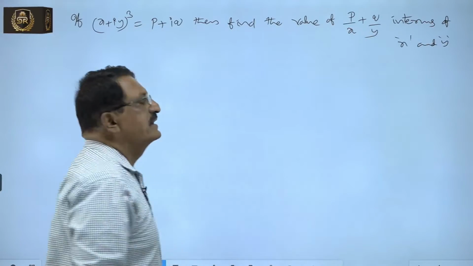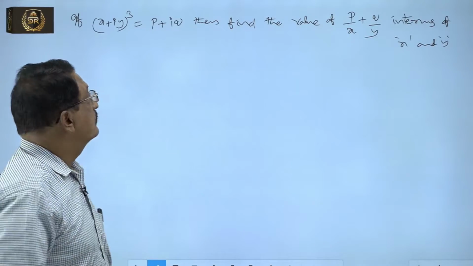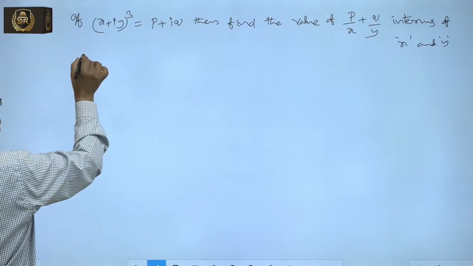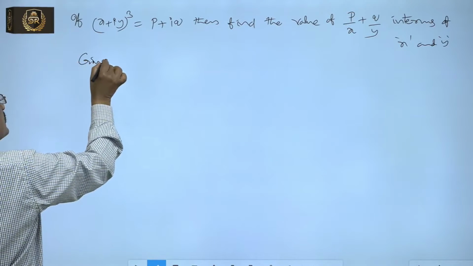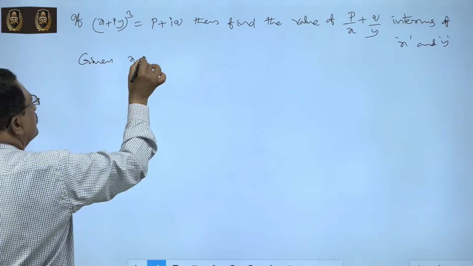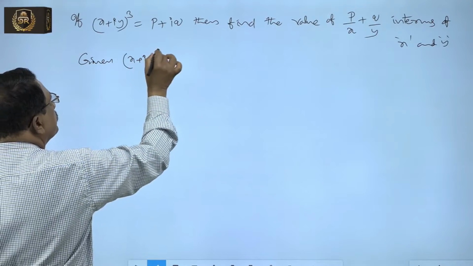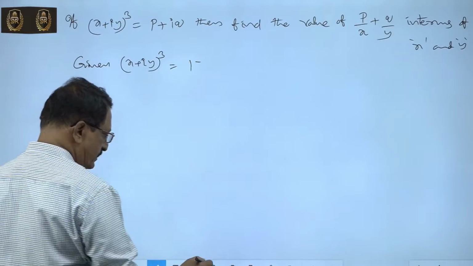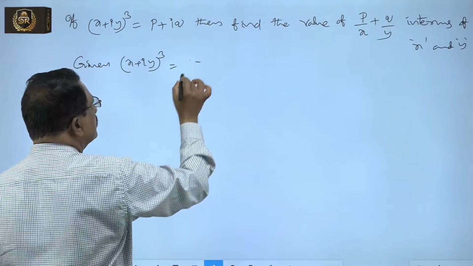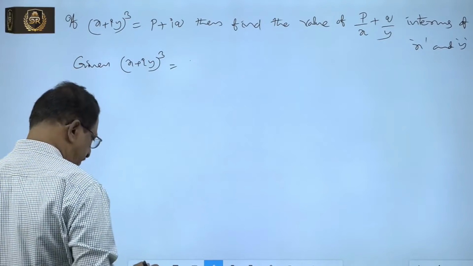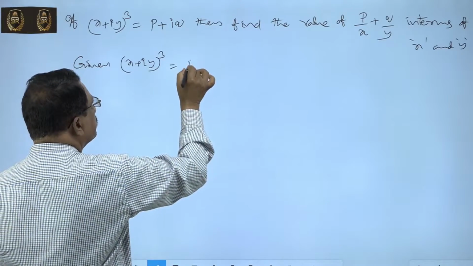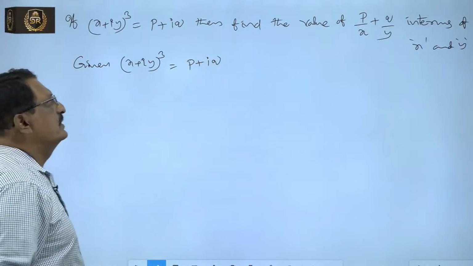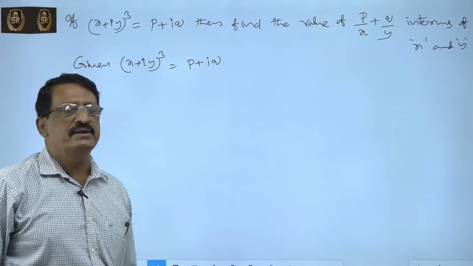Find the value of p by x plus q by y in terms of x and y. Now, here given (x plus iy) whole cube equals p plus iq.